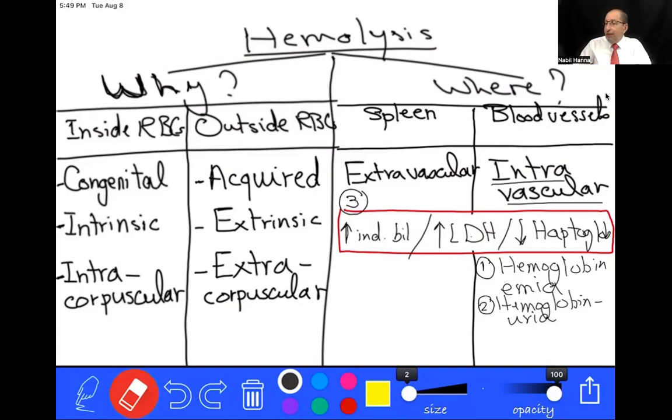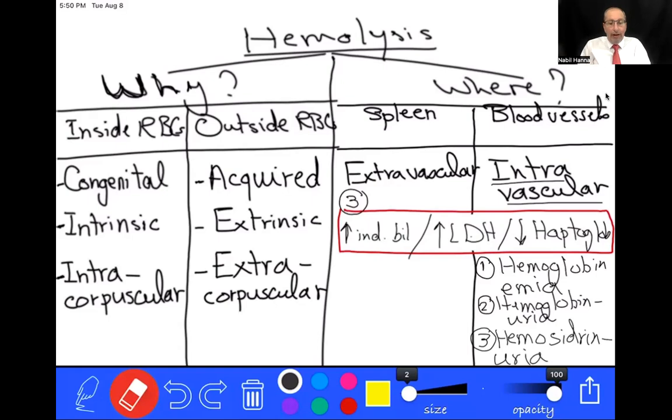So we start having hemosiderin in urine. What's hemosiderin? It is the result of reaction between the iron of free hemoglobin with some protein molecules in the renal tubules. You get hemosiderinuria.